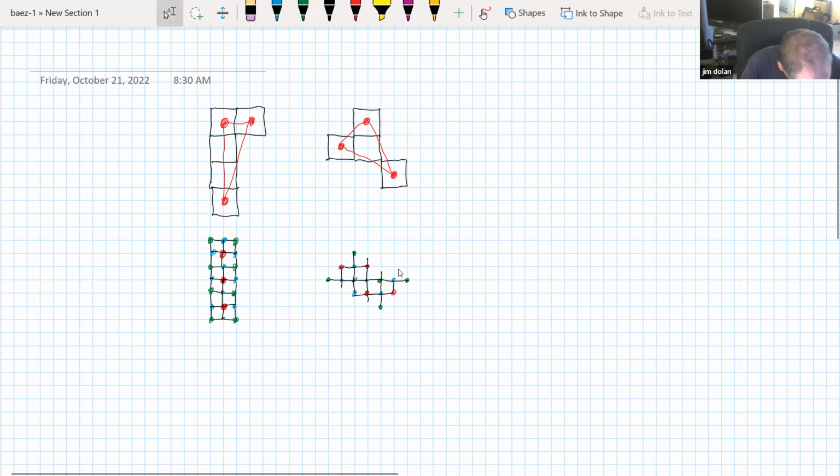Do I have this picture screwed up? I had similar pictures, but oh, okay. I did miss one here. There's a blue right there that I missed somehow. Okay, it's like that and like that.